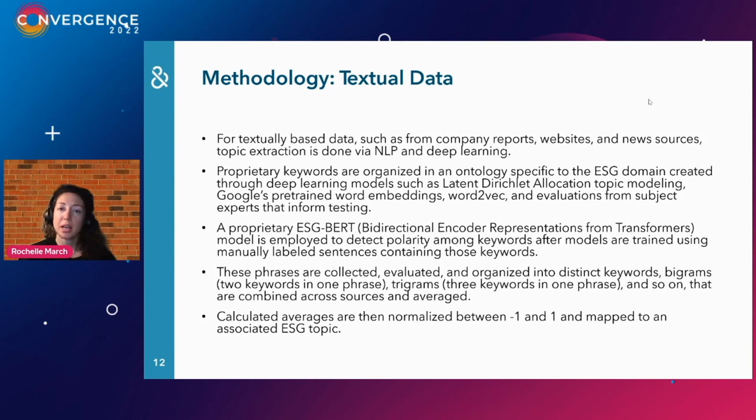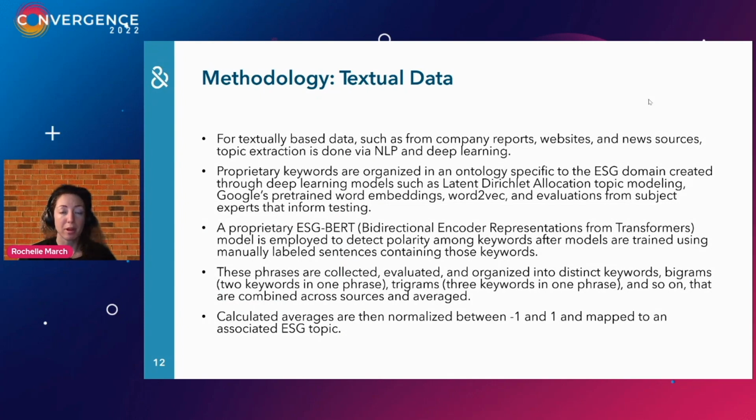And then to detect the polarity, we created our own ESG BERT model to run over the sentences and identify keywords that are then related directly to those 31 topics. And those phrases are collected, evaluated, and organized into distinct keywords.